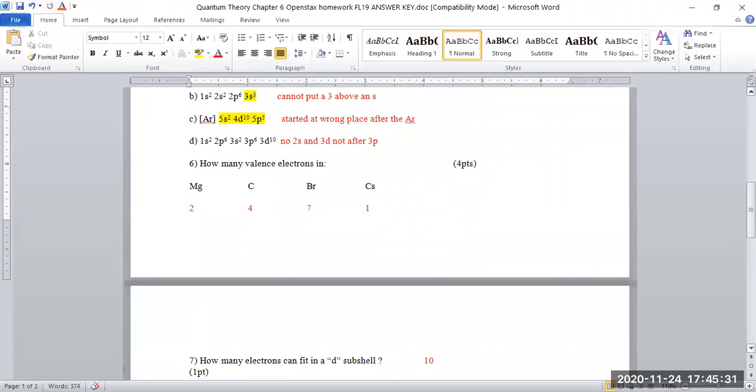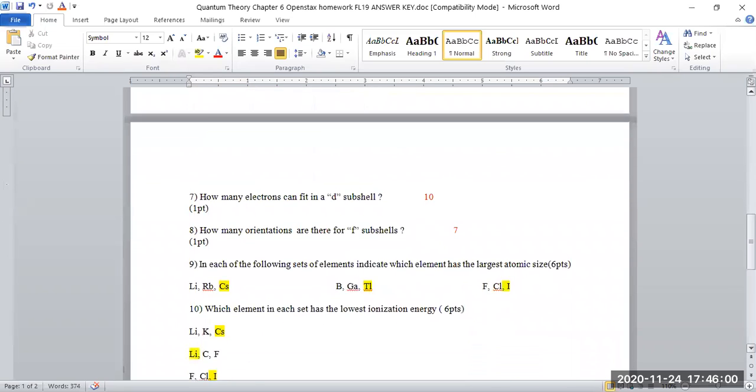Valence electrons. Remember, this is outside layer only. Magnesium, alkaline earth metal column, so 2 electrons. Carbon, 4. Bromine's a halogen, 7. And then we hop back all the way over to the left-hand column of the table, which is the alkali metals, and cesium is just 1.